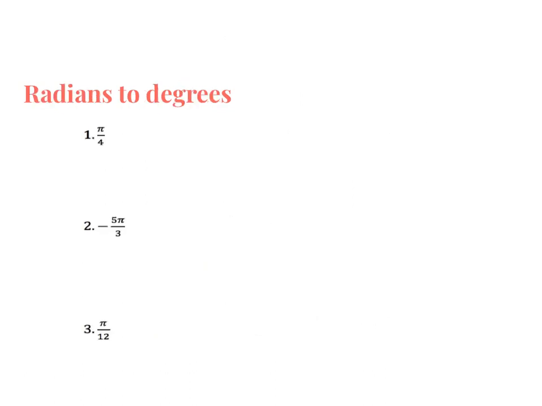If we want to go opposite, this time we want to go from radians to degrees. We're using the reciprocal of the conversion factor we just did. So our goal is to cancel out the radian measure. So this time we're going to multiply by 180 degrees over pi radians. It's going to allow us to cancel out those pi symbols.